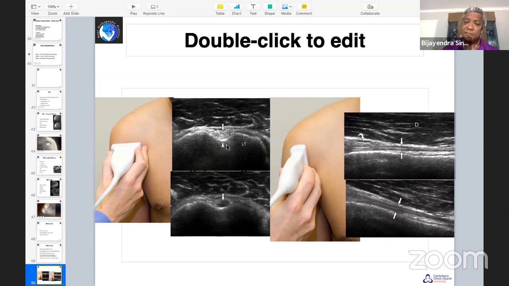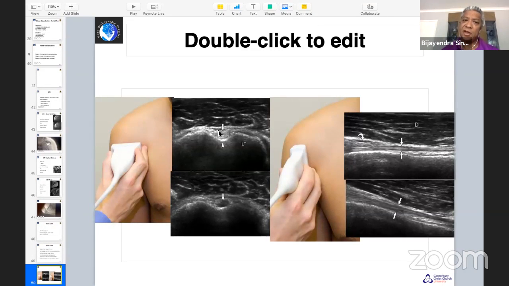And one of the main reasons why ultrasound is so operator dependent is that if you look at these two images, which are of the same patient, the difference is the angle at which the probe is held.